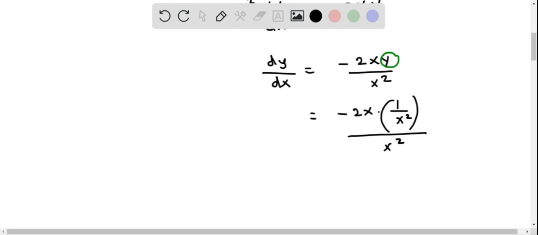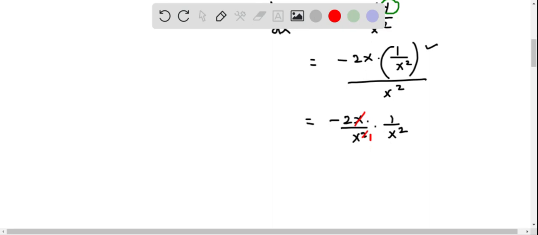So let's simplify this. This equals negative 2x divided by x squared and then multiplied with this expression, that is 1 by x squared. Now we can reduce this x with 1 of the x squared. This goes raised to the power of 1. And here we have negative 2 in the numerator, divided by this one is x. x times x squared is x cube.